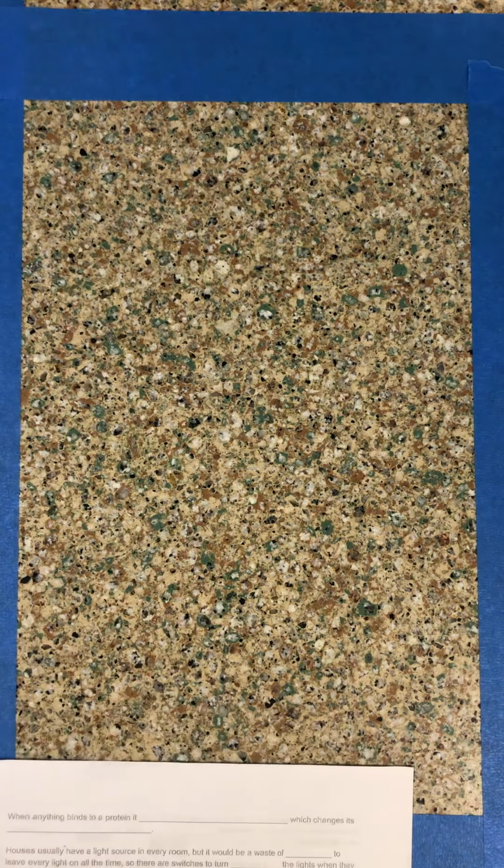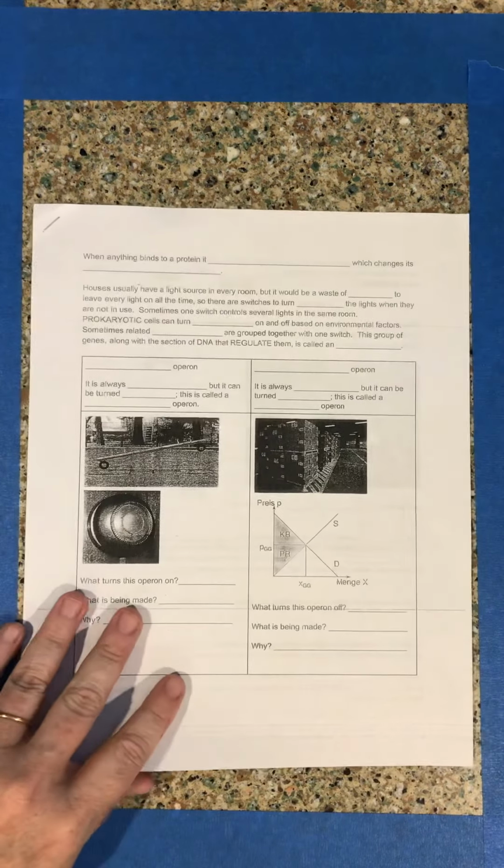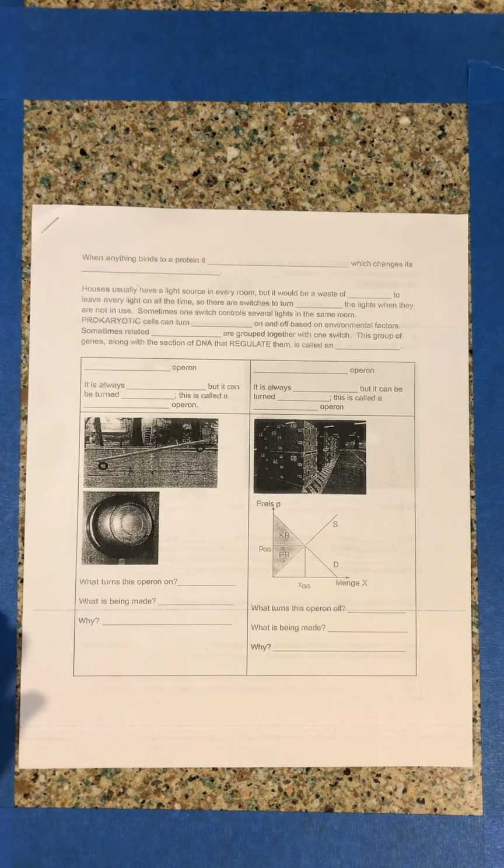All right, so the first one we're going to start with is prokaryotic cells. Okay? So I'll read this to you. You can take notes and write this down and put the answers in as we go.